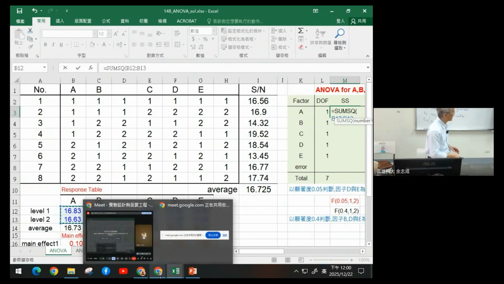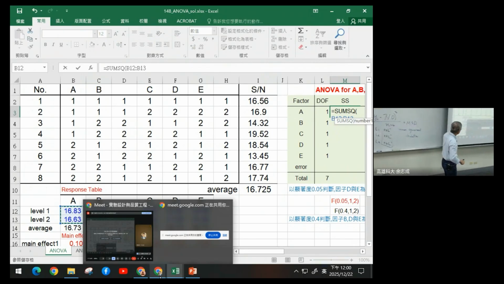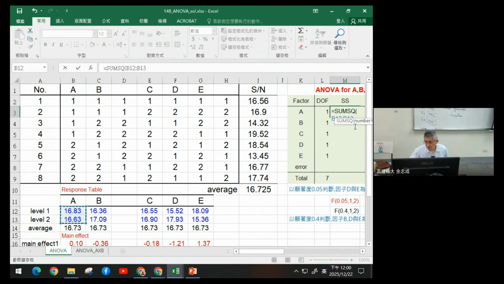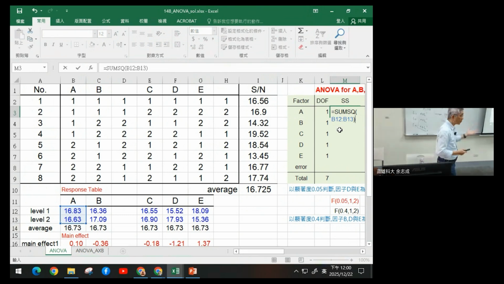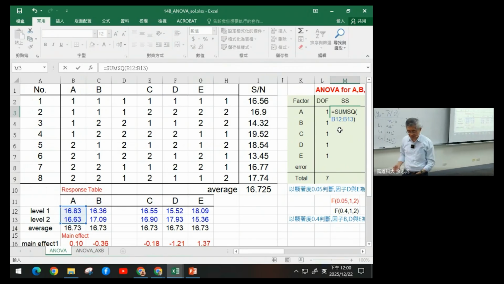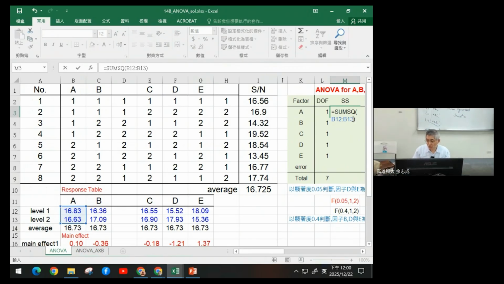So we just need to select A1, A2. Close the parenthesis. And we need to multiply by the number of repetitions in L8. Each level will repeat 4 times. So you can multiply by 4.